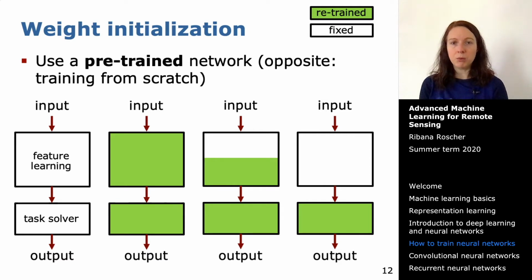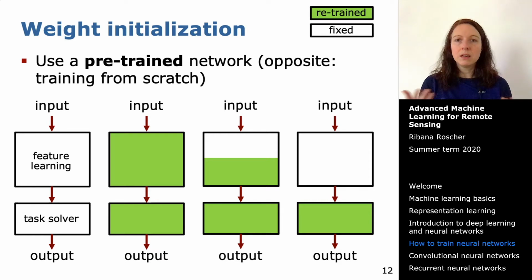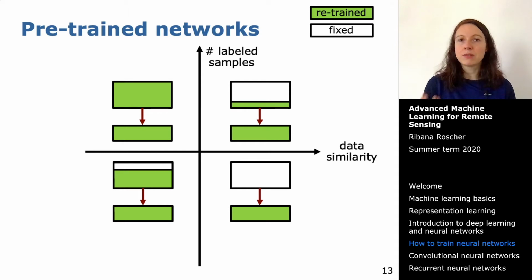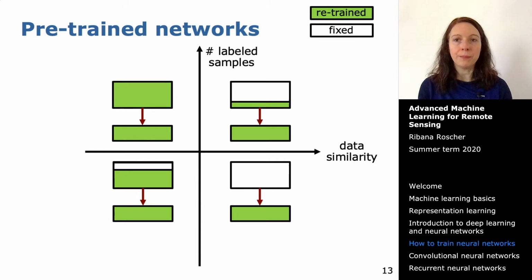That means you keep the weights, you take them over, but you adapt them in the last iterations, for example, when you do this whole optimization process. So this is very task-specific and depends on, for example, how many labeled samples you have and how similar your task is to the task the network was trained on.